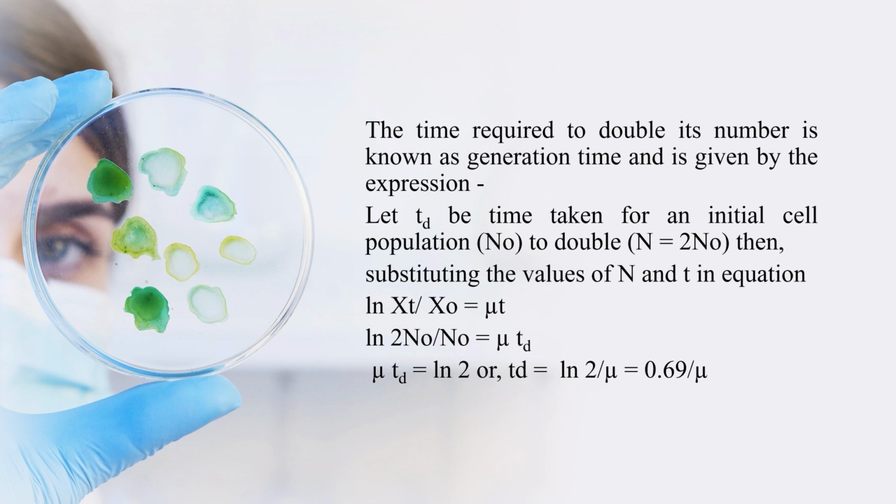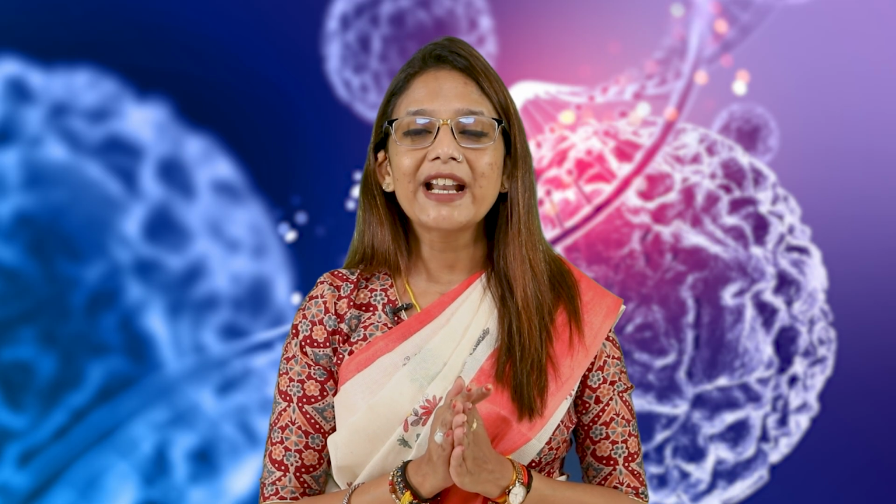You can calculate it using equation number 1 again, by substituting xt and x naught as 2 N naught and N naught, and from this you can calculate the generation time simply by the equation TD equals 0.69 by mu. Mu you have just calculated. So using the growth kinetics equation you can calculate two very important expressions: the specific growth rate in per hour and the generation time in hours.